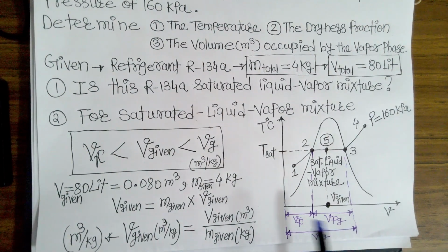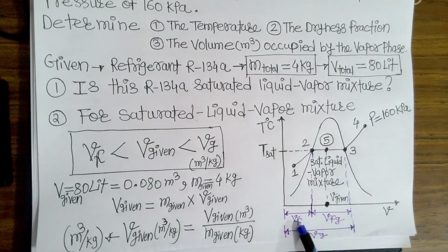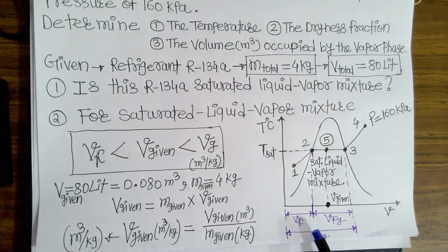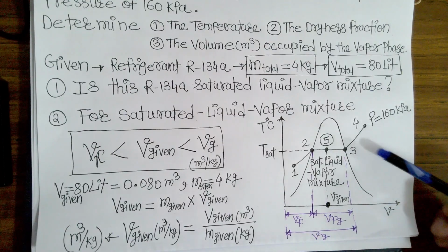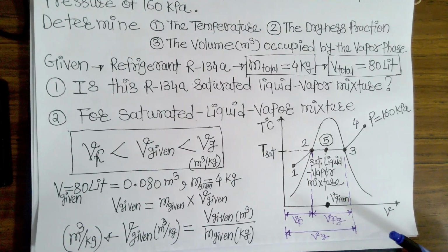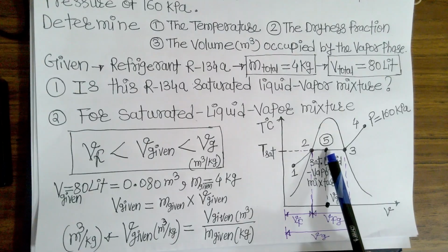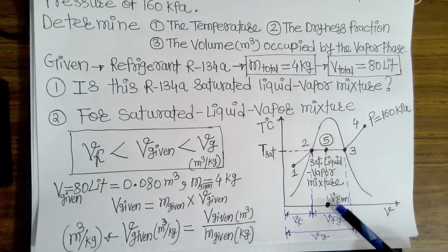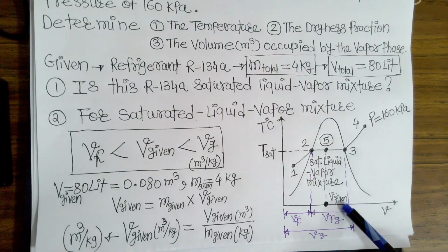What is the specific volume of condition 2? It is Vf because it is a saturated liquid. What is the specific volume of condition 3? It is Vg because it is a saturated vapor. The specific volume of condition 5, it is a mixture condition, so let's say it is the specific volume of the given mixture.